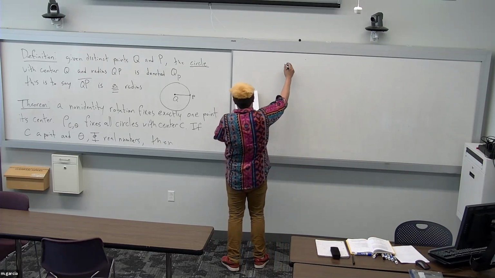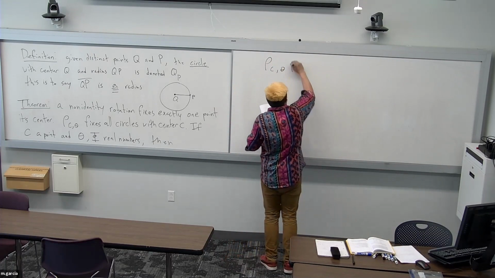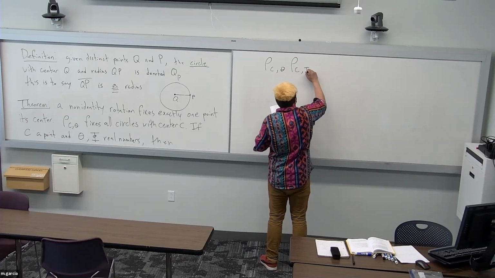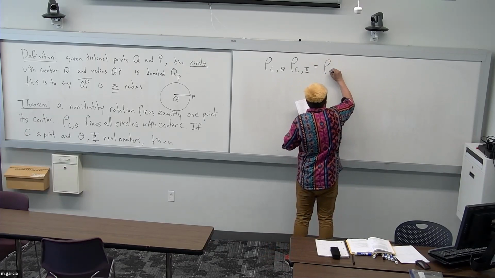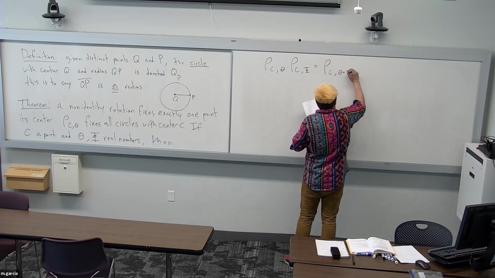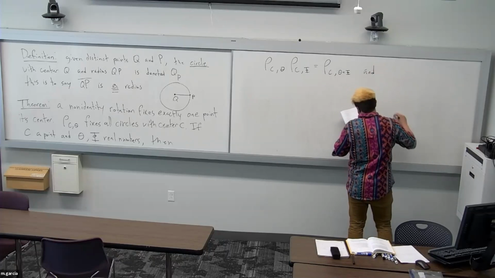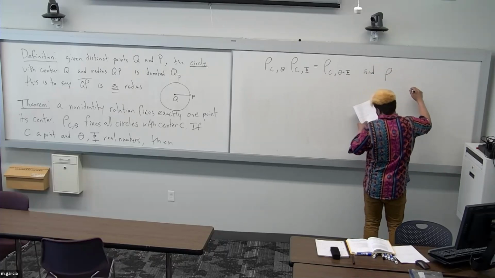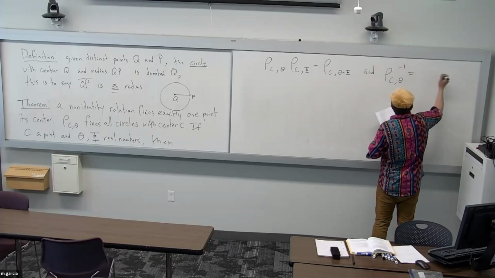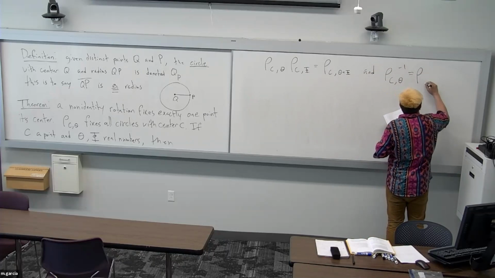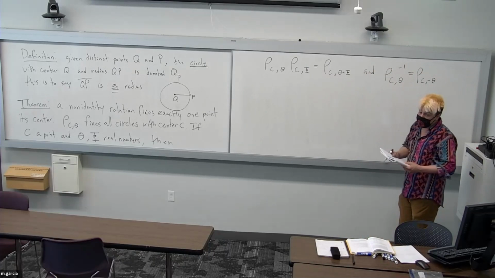Then we have rho sub c comma theta composed with rho sub c comma phi is equal to rho sub c comma theta plus phi. And also we have a formula for the inverse of rho sub c comma theta. It would be rho sub c comma negative theta. Okay?